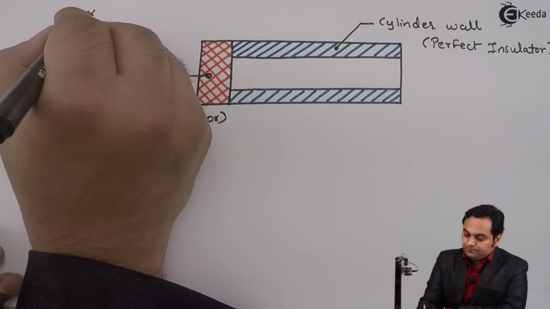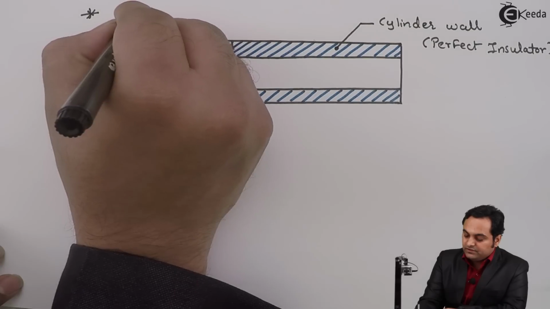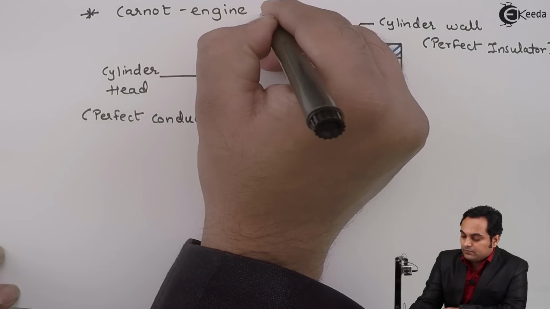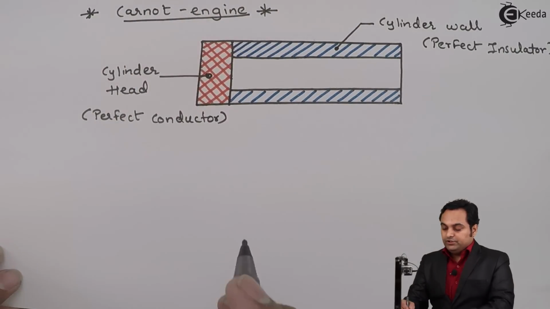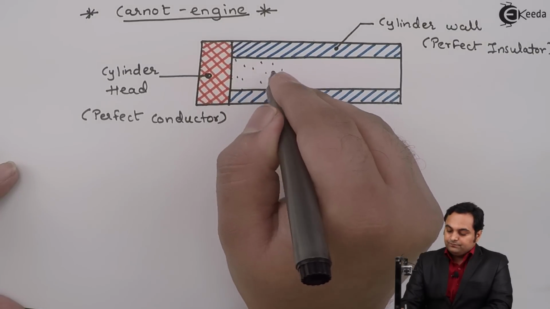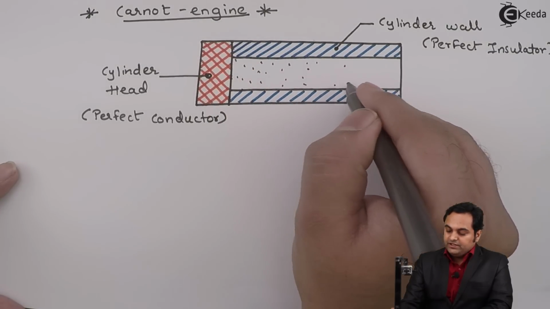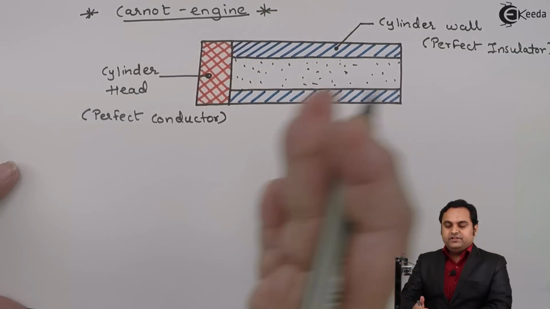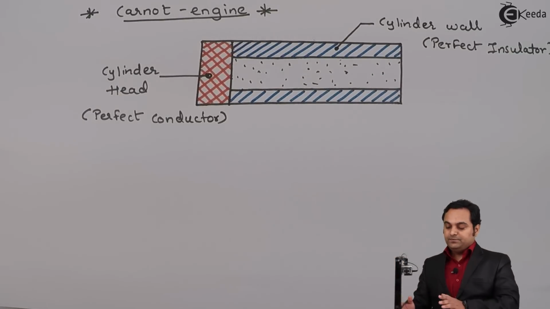So, this is the diagram of the Carnot engine. Here, we have air inside the Carnot engine, and that air will be compressed with the help of a piston. Here I have not shown that piston.